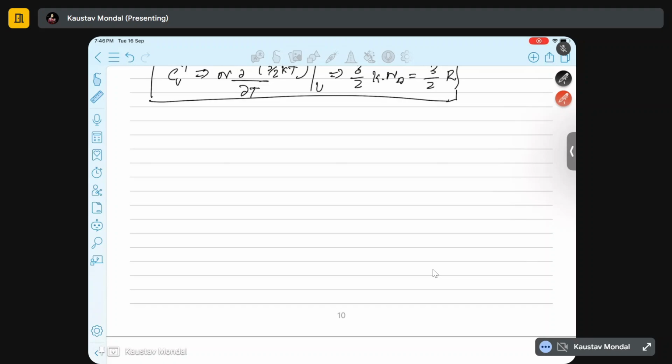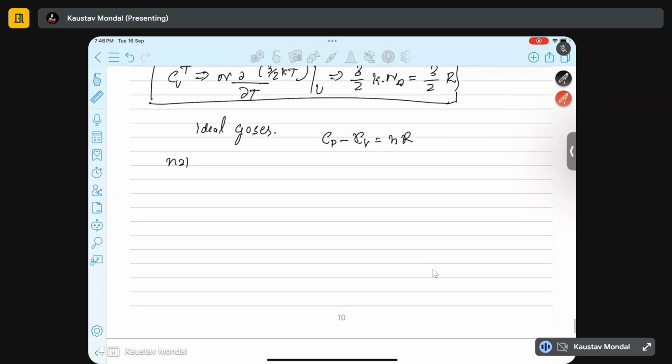Now, for ideal gases, we know the relation that Cp minus Cv is just nR, where n is the number of moles. For 1 mole, let's suppose n equals 1. If we know the Cv, you can calculate the Cp from here.